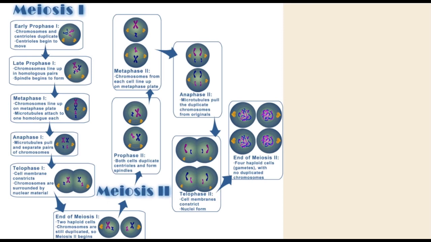Anaphase 1 contains microtubules that pull and separate the pairs of chromosomes, and in telophase 1, cell membranes construct, and the chromosomes are surrounded by nuclear material. At the end of meiosis 1, the results are two haploid cells, and the chromosomes are still duplicated.